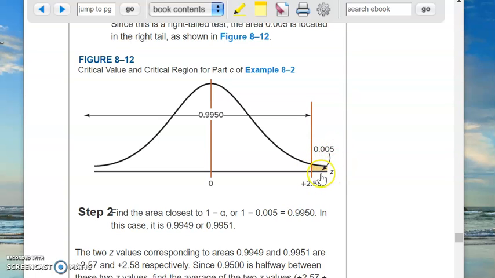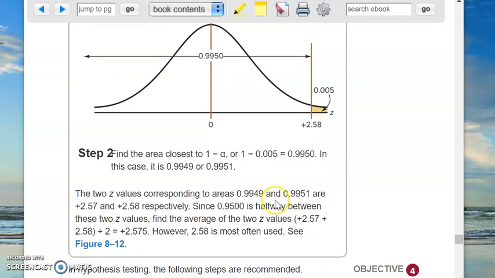So 0.005, in other words, 0.5% is over here. So that means that 0.995 is to the left. That's the 1 subtract 0.005 is to the left. That's 99.5%.